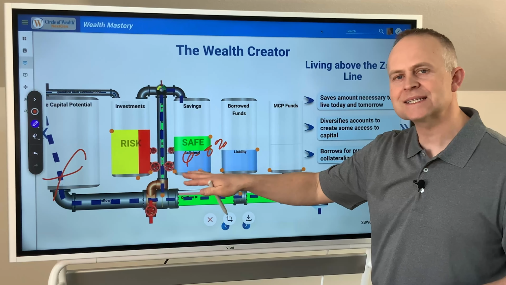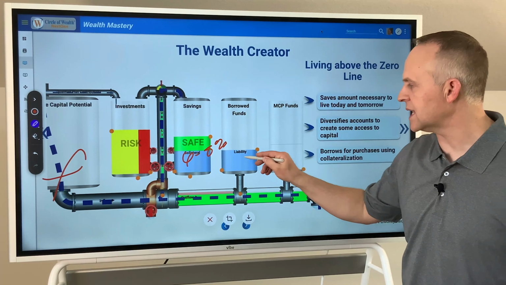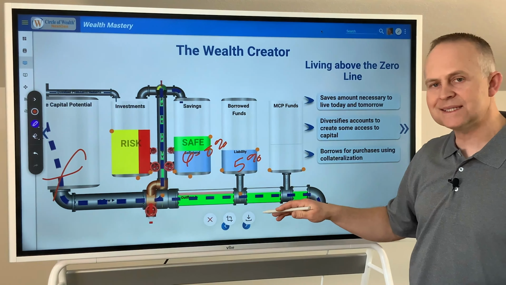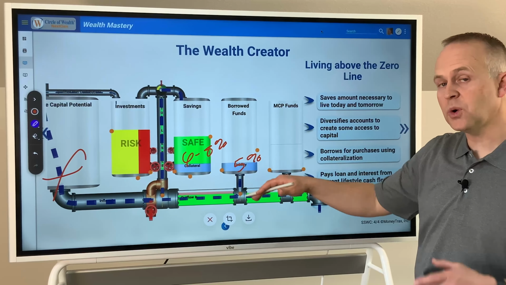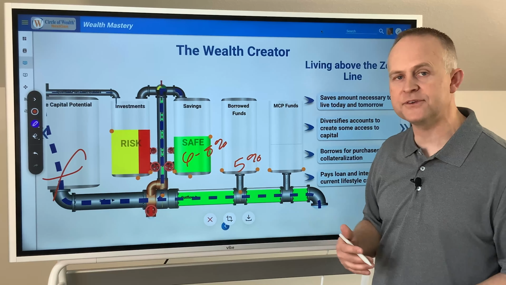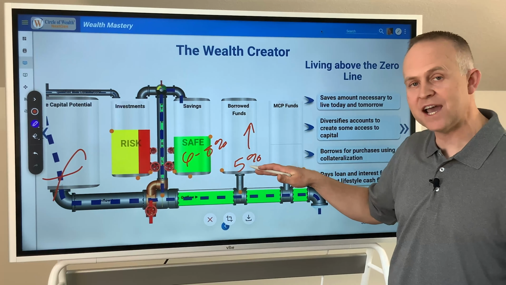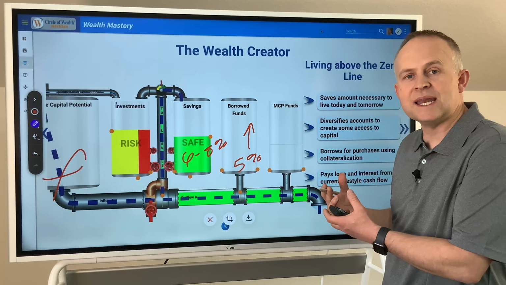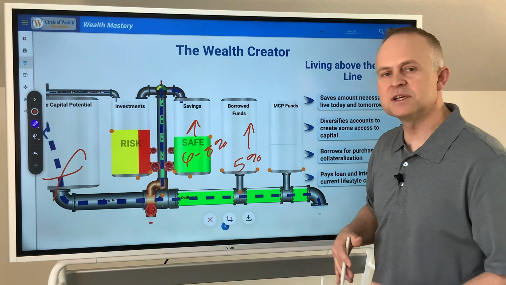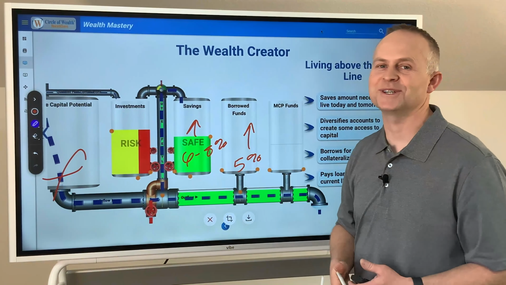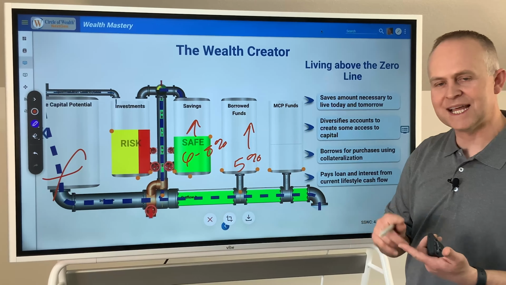We just used it as collateral and we borrowed somebody else's money, preferably at a lower rate, which we could then pay back if we wanted to, or in some cases, like in the life insurance example, we could actually allow that money to just keep compounding at 5%, and we could take all the money that we would have put towards paying that back, and we could put all the money towards this account to build that account up even faster.